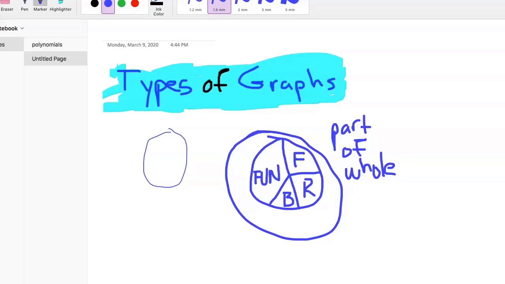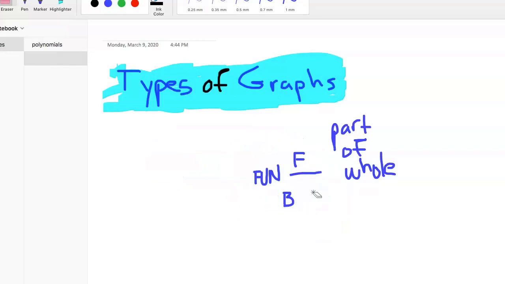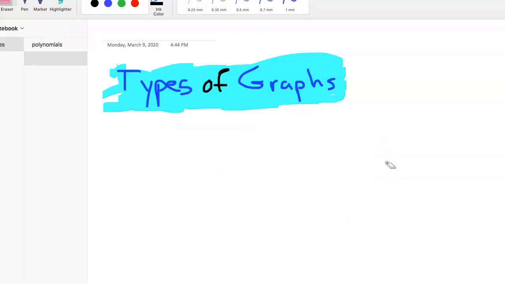And each of these other ones, like food, rent, bills, fun, are parts of the whole that make up everything. Okay, that's pie chart. One more. Hopefully this all makes sense. Really, it's pretty straightforward.